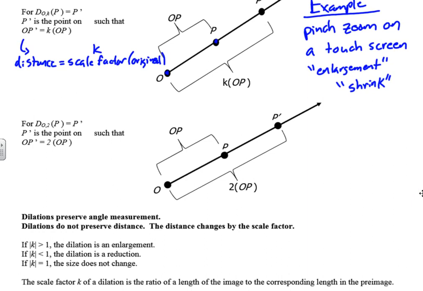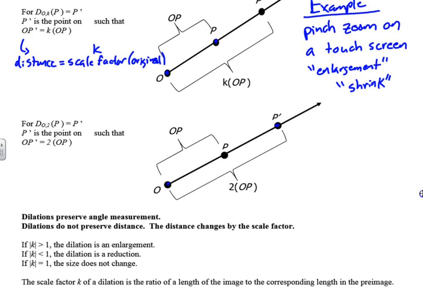In this specific example here, the second one, for a dilation of center O, the scale factor is 2. And what do we notice? That from O to P prime is twice the length of O to P. So we doubled the initial length.